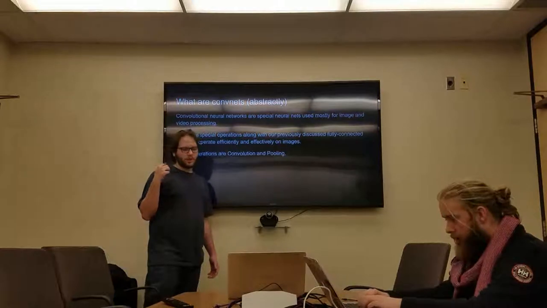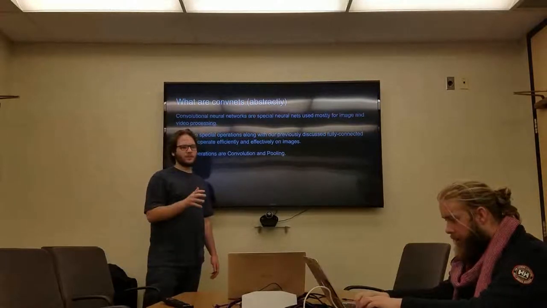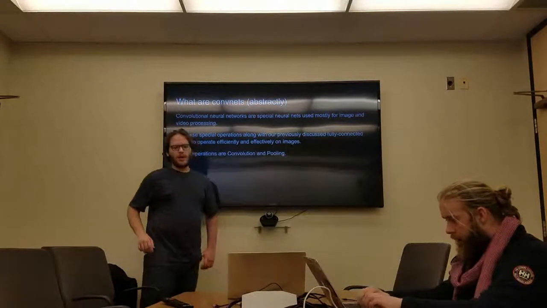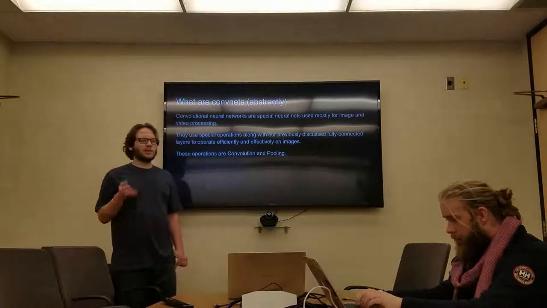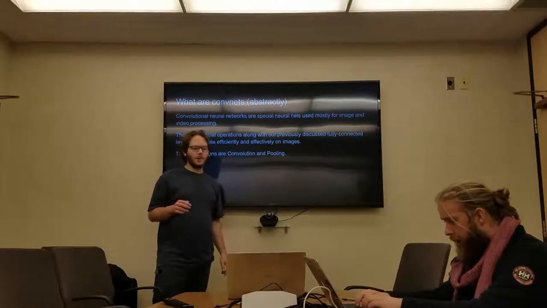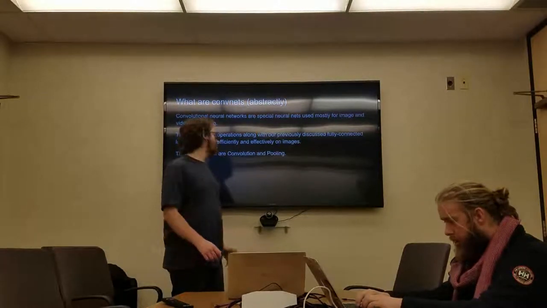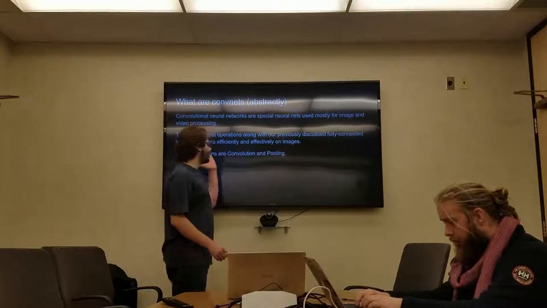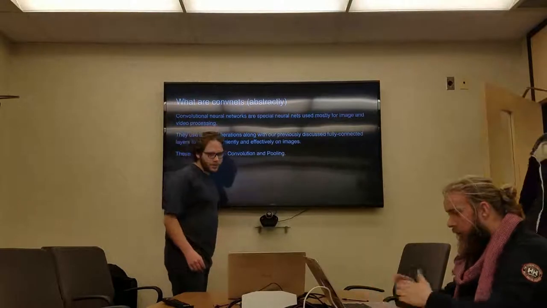We discussed the fully connected layers before. That's been all of our networks so far, and henceforth we're still going to be using them, but for conv nets they're going to be a minor part, largely taken over by convolution and pooling.